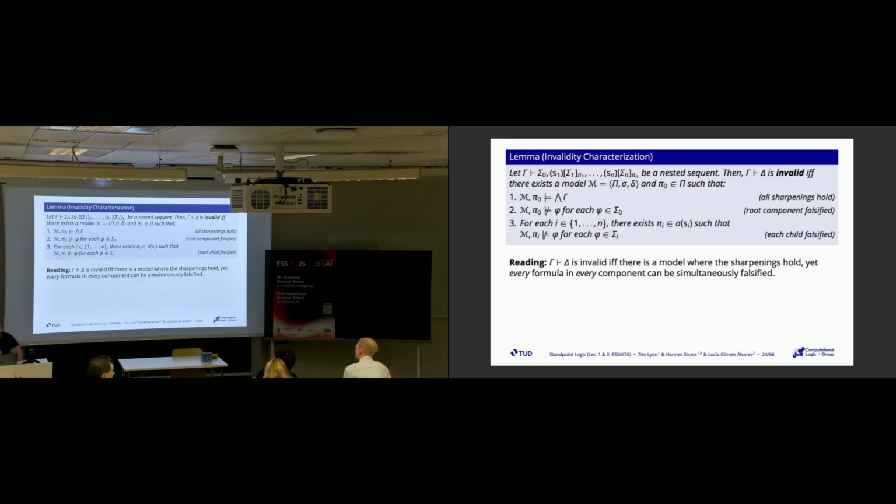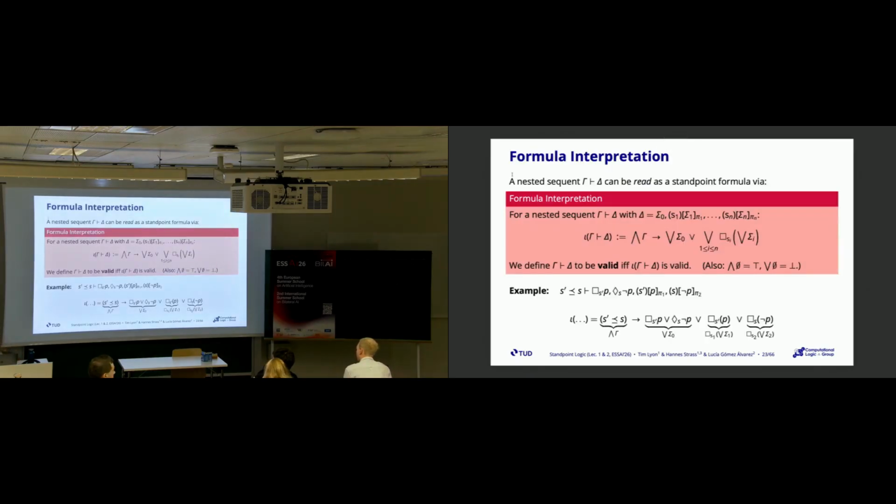Yes? Why then do we write this specification pi i after every segment if we don't use it? So the question is, why do we have these tags on these nestings if we're not using them in the interpretation?